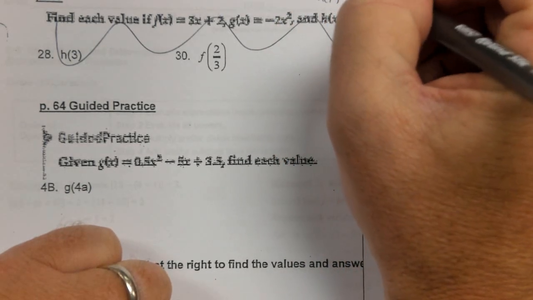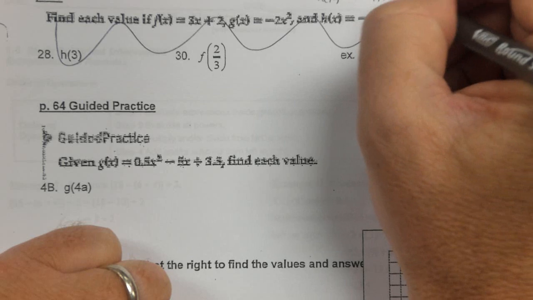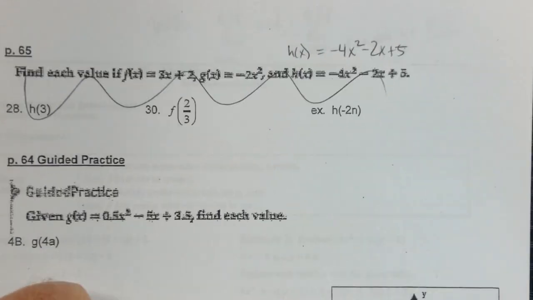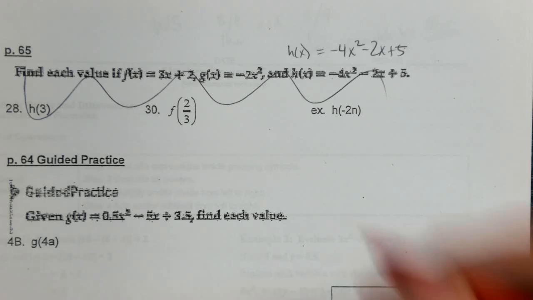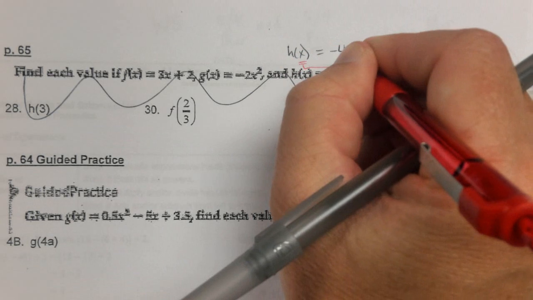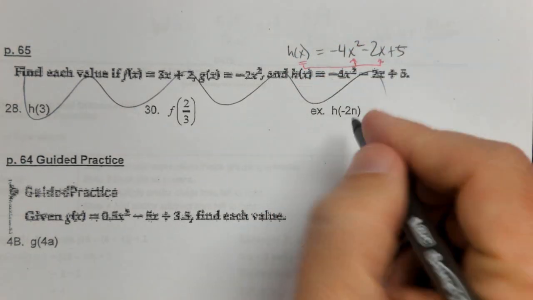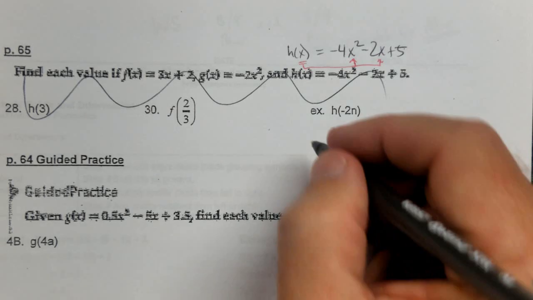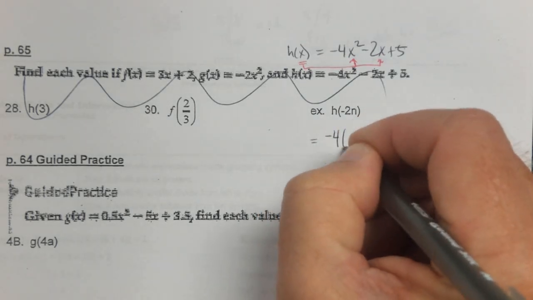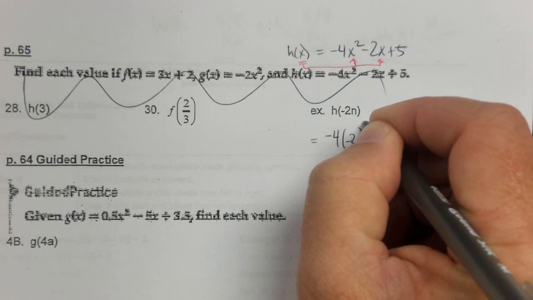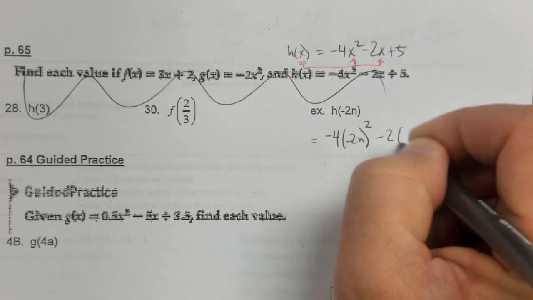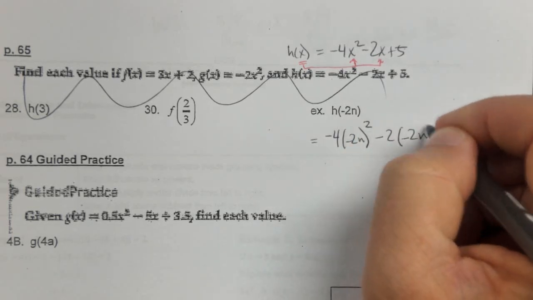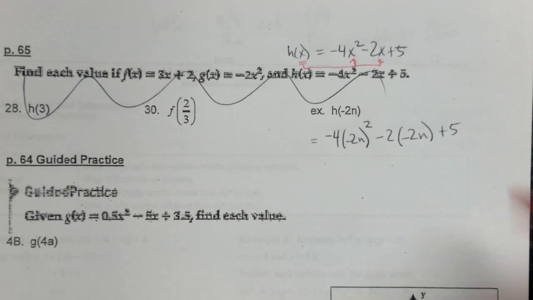Let's see, I think that says -4x² minus 2x plus 5 for H. So H of -2n means whatever's in parentheses goes in for x on the other side. My input is not x, it's not a number, it's -2n. So -4 times (-2n)² minus 2 times -2n plus 5.